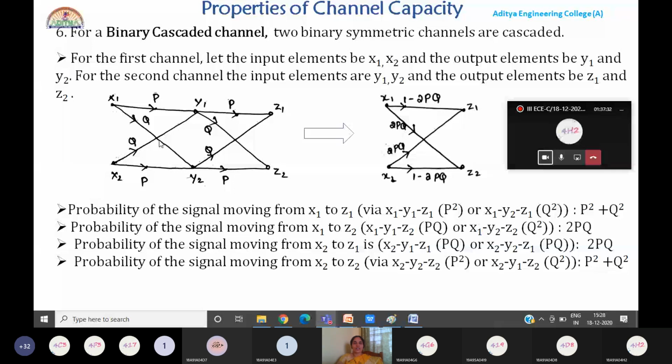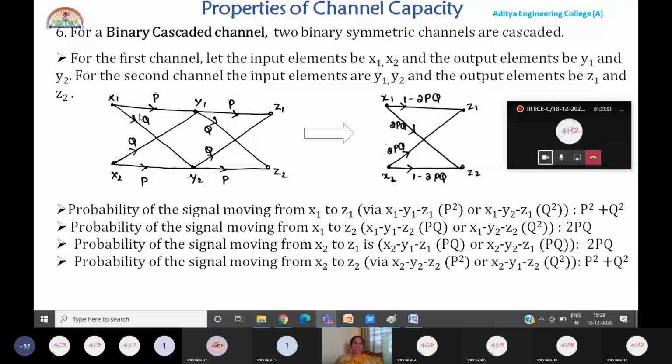In order to calculate the probabilities of x1 z1, x1 z2, x2 z1 and x2 z2. Because this is also a binary channel, the equivalent form also represents a binary channel, but it is a cascade of two binary symmetric channels.